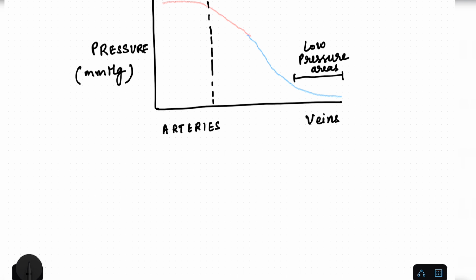If we consider capillary blood pressure, from the arterial end it is about 30 mmHg, and at the venous end it is around 10 mmHg. For venous blood pressure, smaller veins have 3 to 7 mmHg pressure, and great veins like the great saphenous vein present in the leg have a pressure of less than 1 mmHg.